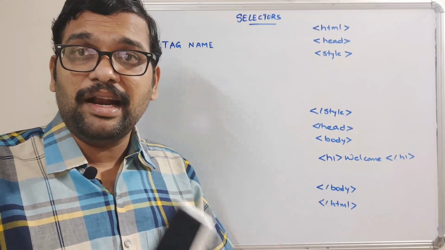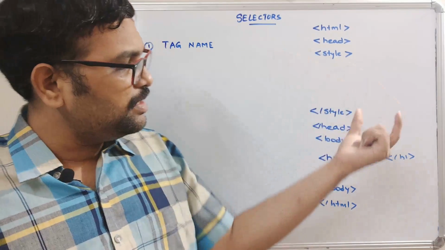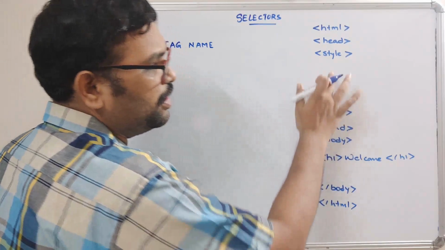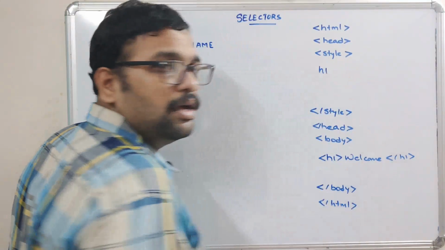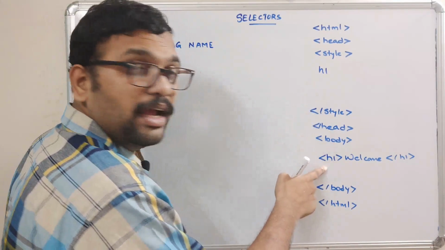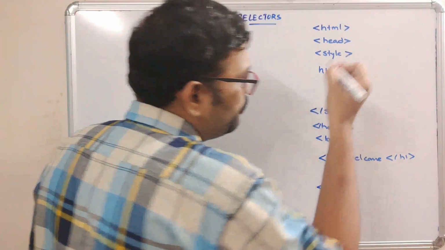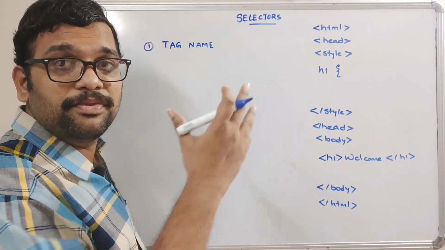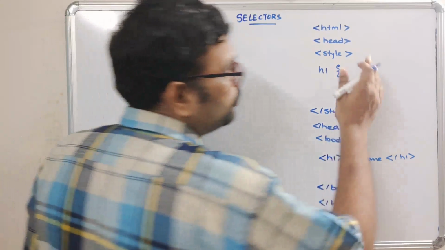So wherever we are writing this h1, the particular CSS will be applied. Here, by using the tag name, we have to specify the tag directly, so h1. h1 is nothing but a tag, right? So these are the tag names, followed by open braces, and here we have to apply the CSS, what type of beautification should be done on this.